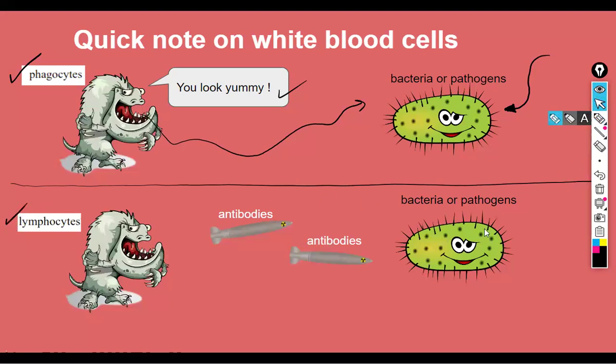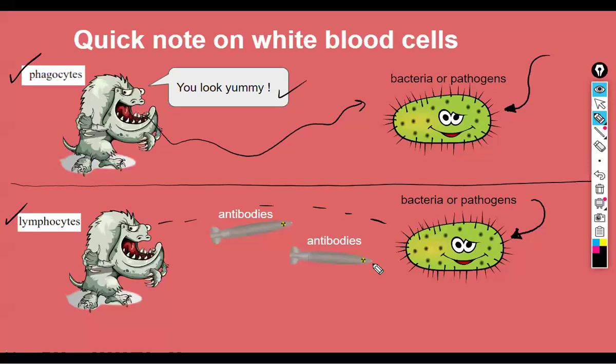Lymphocytes are a little bit more sophisticated, right? What will happen? The pathogen invades your body, tries to make you sick, like I said before. The lymphocytes don't go up to the pathogen and eat it. It's too good for that. It's more civilized. What it will do, it will investigate it. It will look at the pathogen, get to know the pathogen, and then get to know its weaknesses, right? Which is basically what they do in the army.